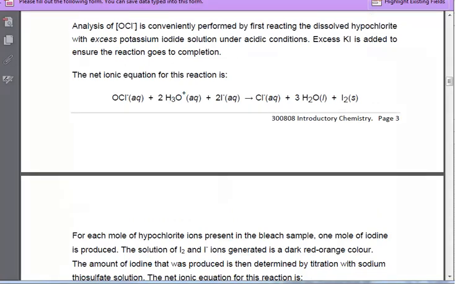We've got hypochlorite, the bleach, and we measure out 3 mils of it, and we add excess acid, glacial acetic acid, and we add excess sodium iodide. And what happens is that instantaneously the hypochlorite turns into chloride, so it goes into a colourless chloride ion.